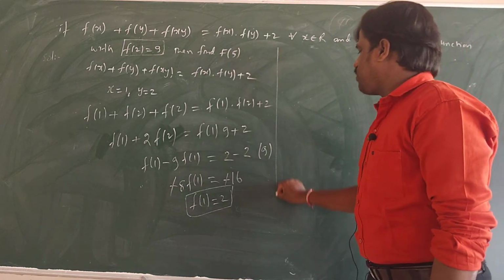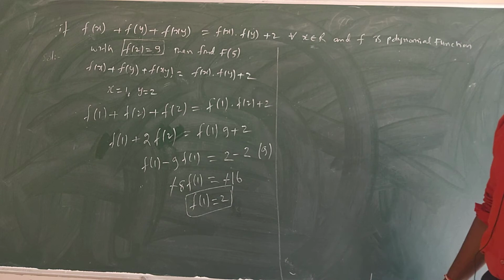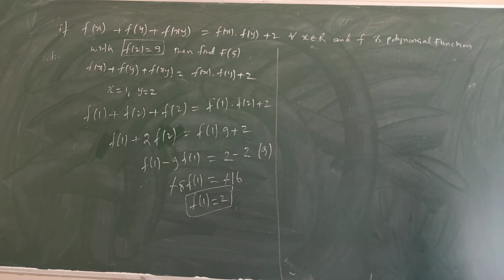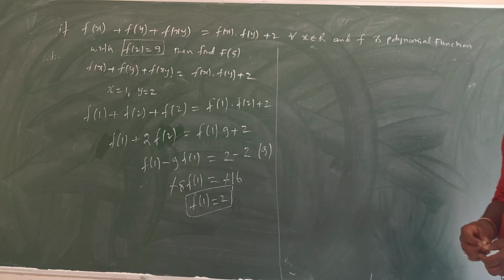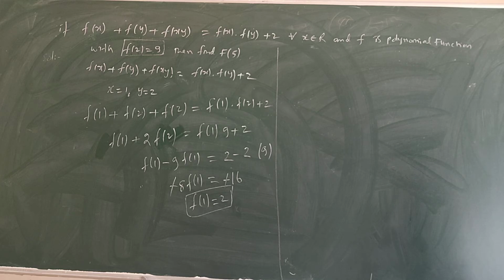Now what do you have to get here? F of 5 you require. Now we'll think how f of 1 was obtained. Same formula, just put y is equal to 5 and x is equal to 1. So you are going to get, right? Are you sure?